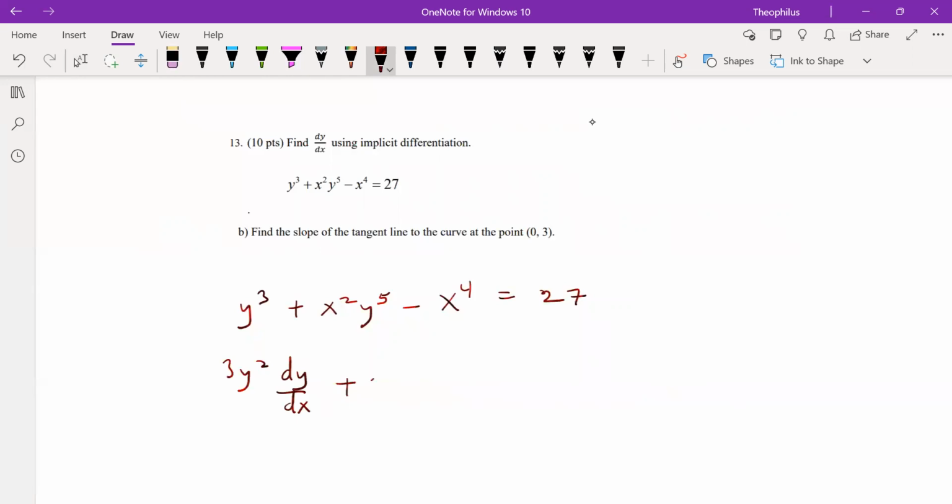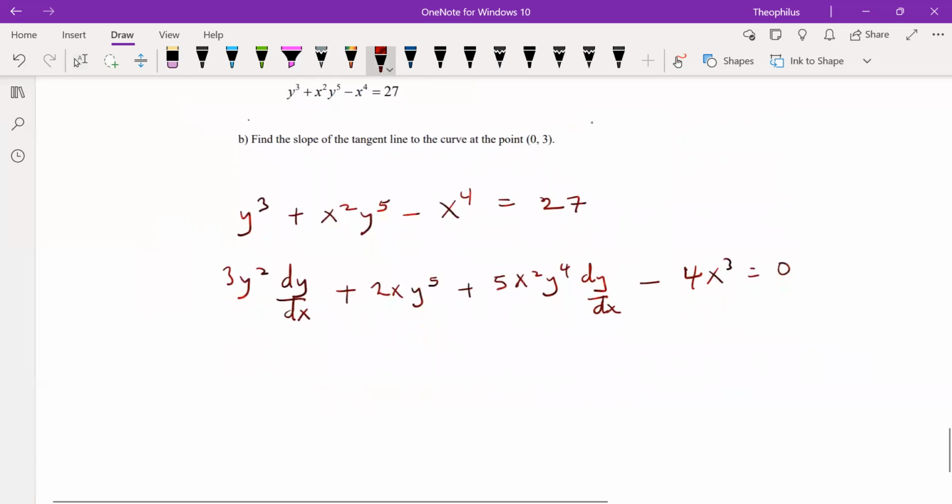So we're going to have 2x y to the power 4 plus 4x squared y to the power 3 dy/dx minus 4x to the power 3 equals 0. Remember, anytime we differentiate a constant, which in our case is 27, we get 0. That's the reason why we have 0 on the right hand side.